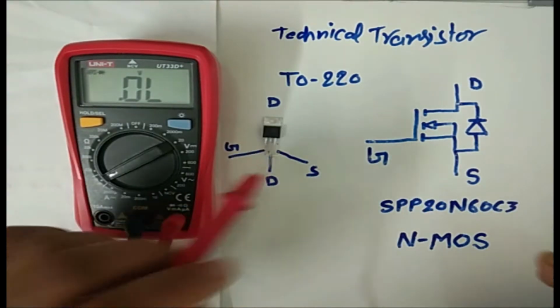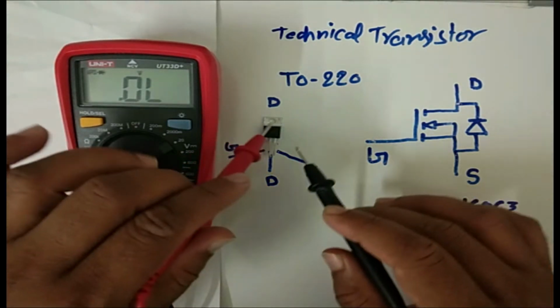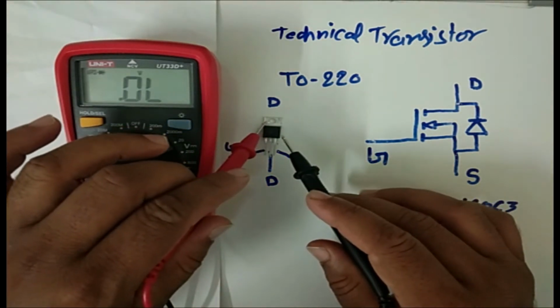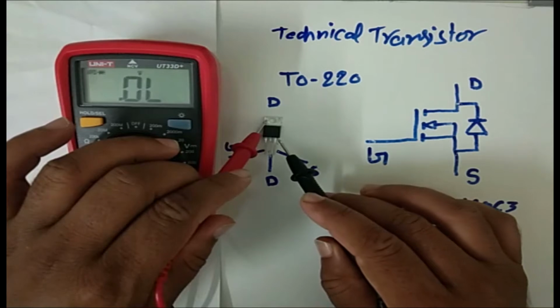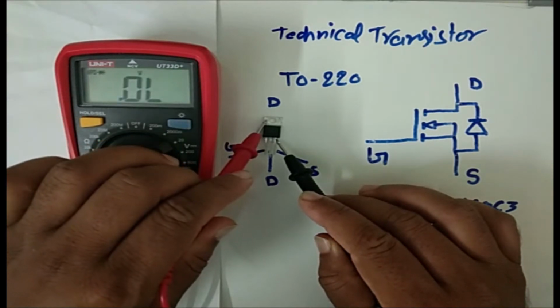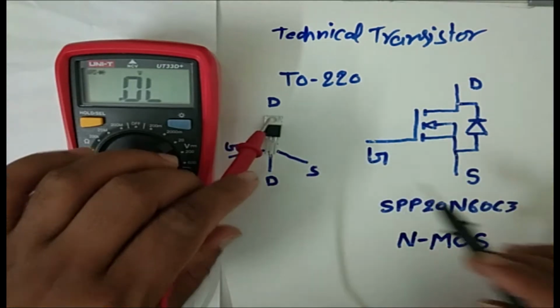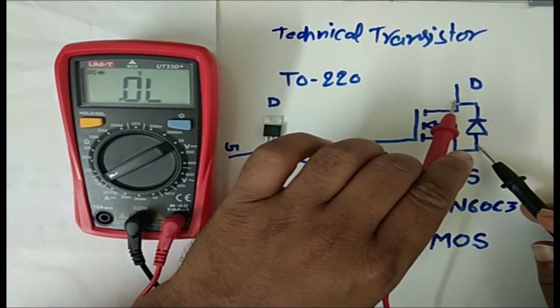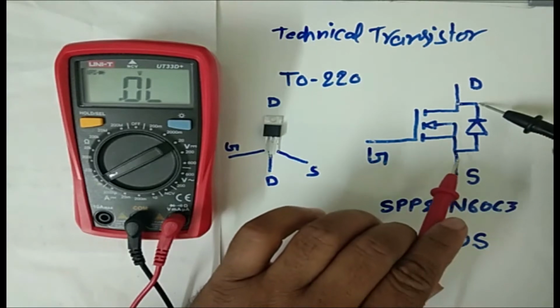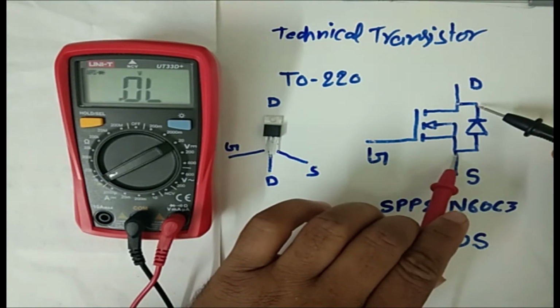Okay, so now I check. Red I put here and black on here. So it shows open. So here it will show open, and here it will show some value of diode rating.